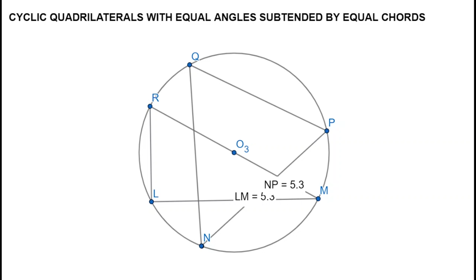It means the angles subtended by these chords also have to be equal. Chord NP subtends angle Q at the top, and chord LM subtends angle R. I hope we all see that. These angles have to be equal.